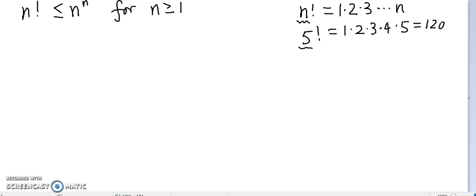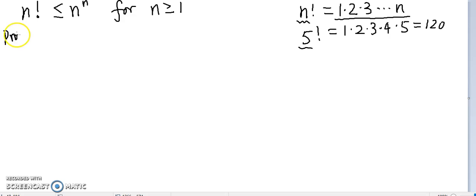Well, in this case, since n is not given, we don't actually know what n is. And so we all know n factorial is multiplying the integers from 1 to n. And the right-hand side is an exponential number, the base is n, the power is also n.